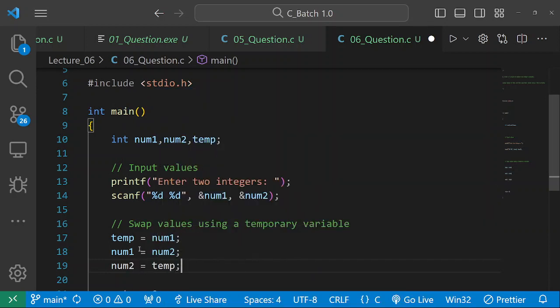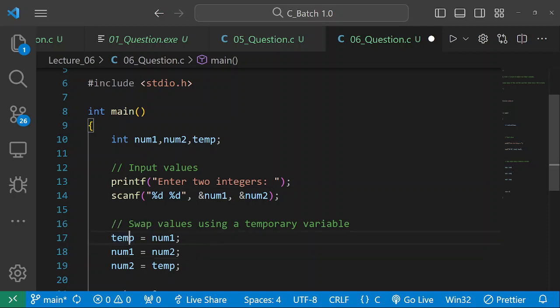So what happened now? The value of num2 was assigned to num1, and the value of temp was assigned to num2. So basically we gave num1 to temp, and the value of num1 is now followed by num2. A simple thing. Again repeating, listen properly.